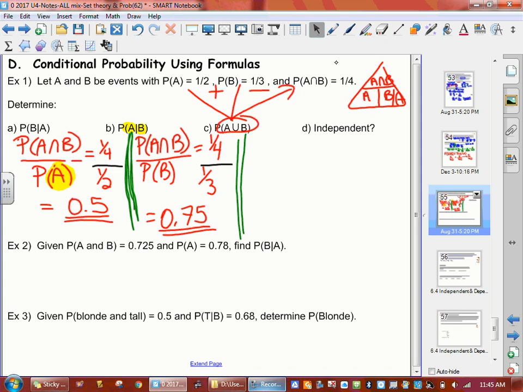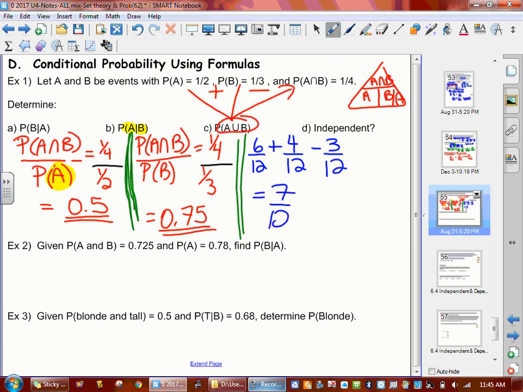We have a 2, a 3, and a 4 on the bottom. A 2, a 3, and a 4 will give us a 12 for a common denominator. So this guy is going to become 6 out of 12 plus 4 out of 12 minus 3 out of 12. And that's going to give us 7 out of 12. And that's the OR for letter C.